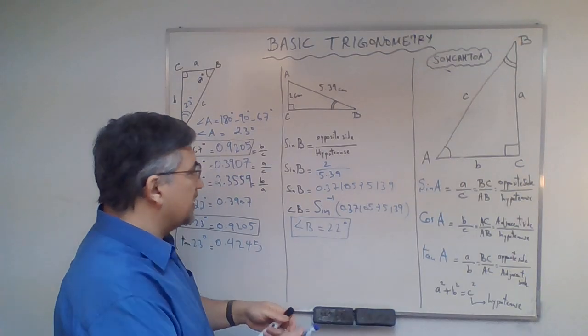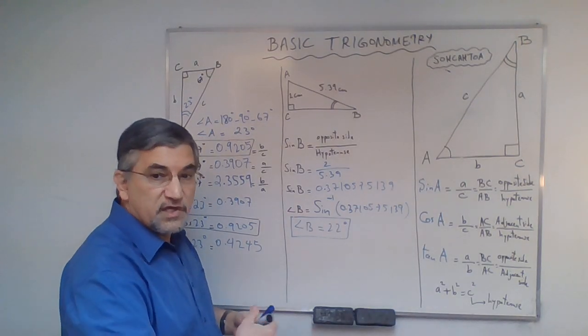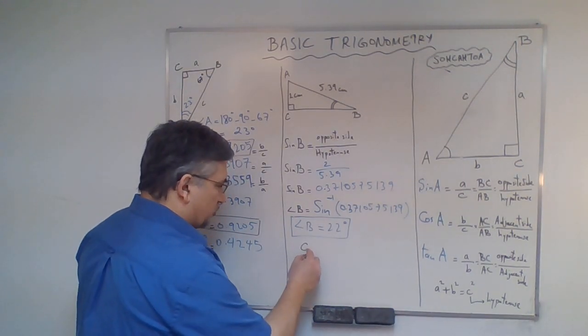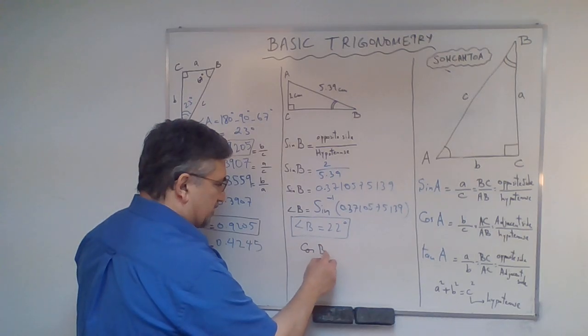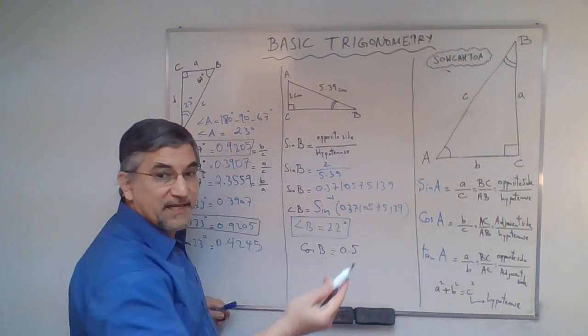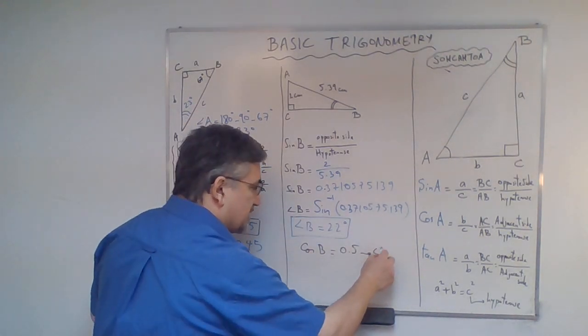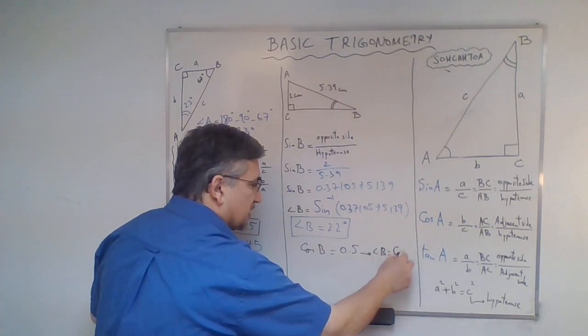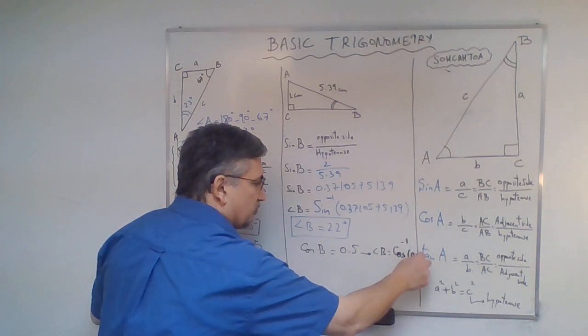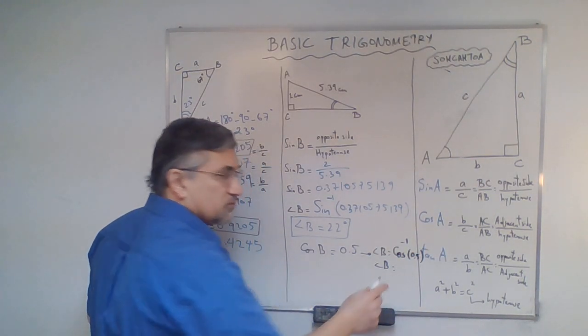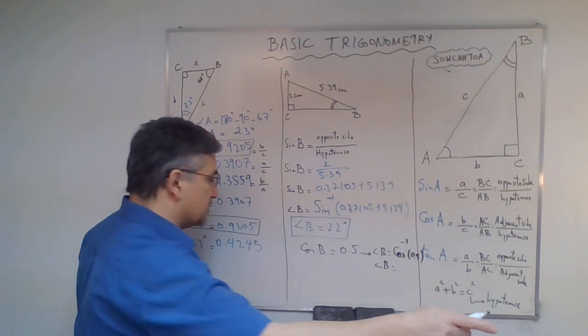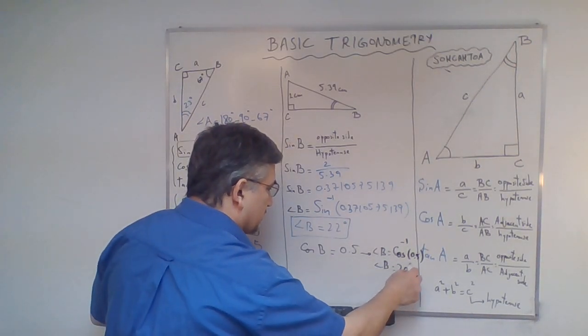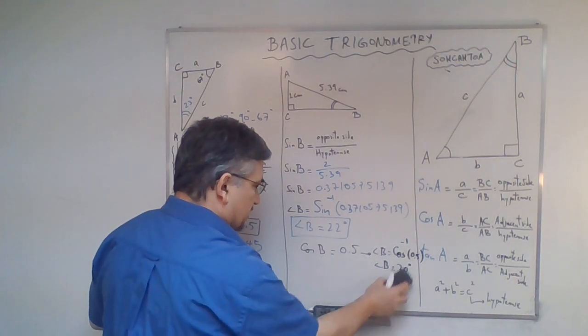Now, needless to say, if you are given cosine of an angle, let's say cosine of an angle is 0.5, and you want to find angle B. This time you press the inverse cosine of 0.5, and when you use this on the calculator, the answer is, of course, 30 degrees. Oh, sorry, 60 degrees, right?